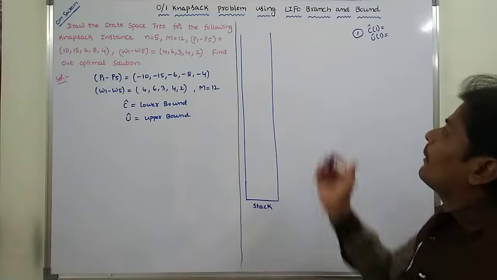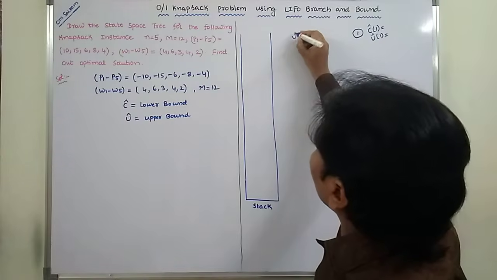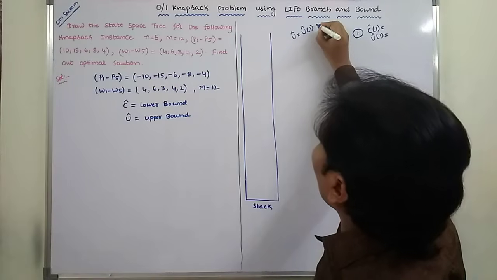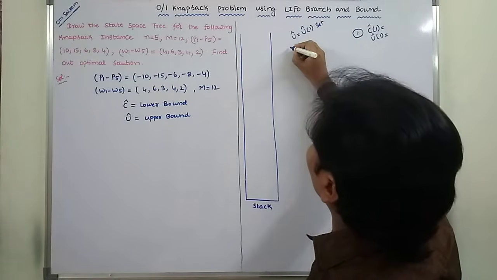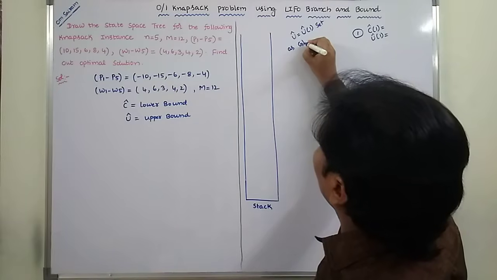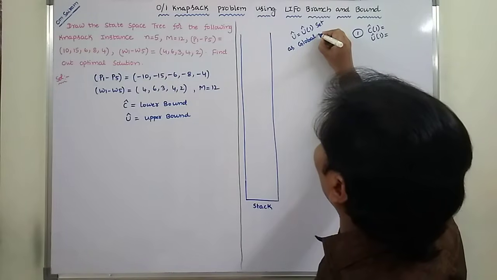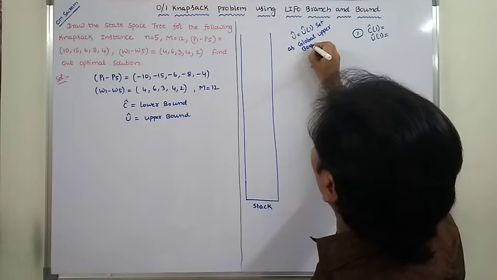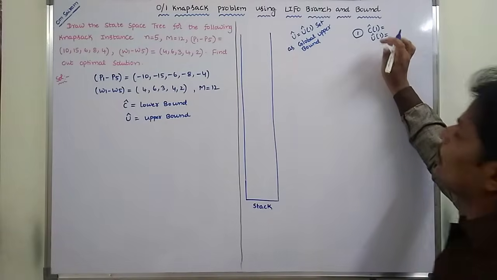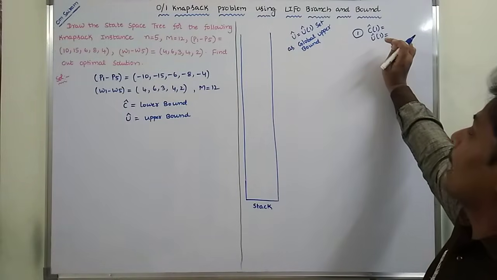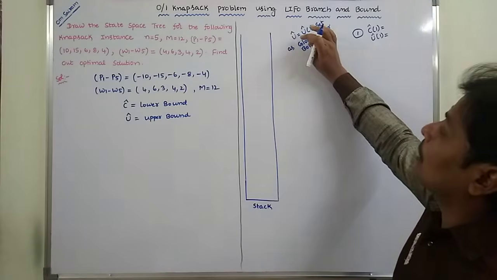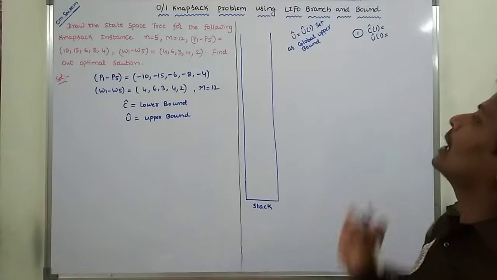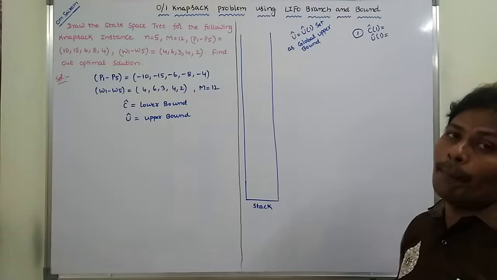The first node's upper bound, U cap of 1, is set as the global upper bound. That is, the first node's U cap value can be set as the global upper bound.